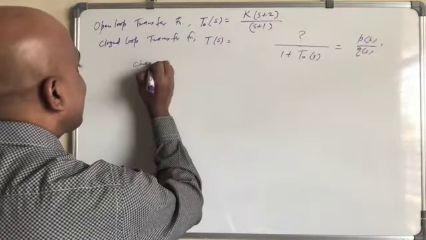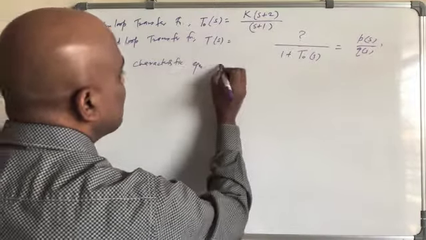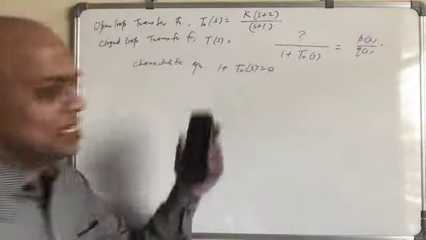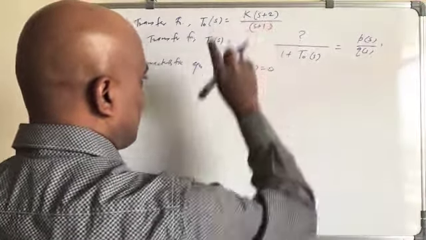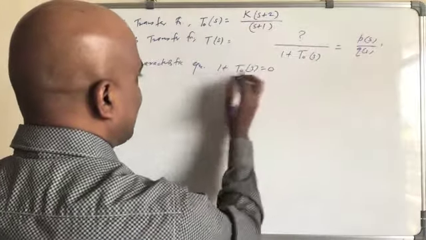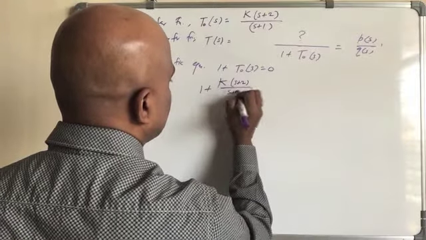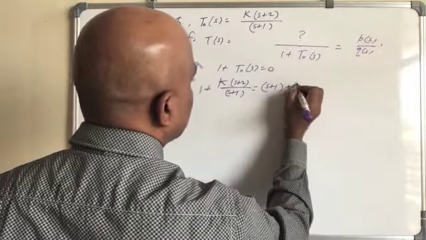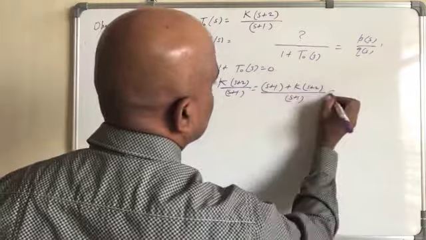So the characteristic equation will still be 1 plus T naught s equal to 0. We can still write that. Although T naught s is in the form of a ratio, once we write it out, 1 plus K(s plus 2) over (s plus 1) is equal to (s plus 1 plus K(s plus 2)) over (s plus 1) equal to 0.